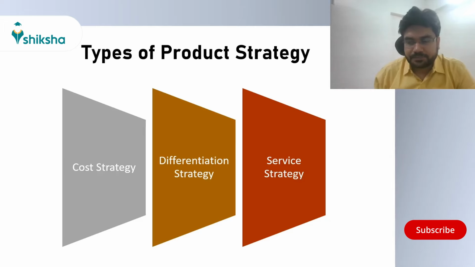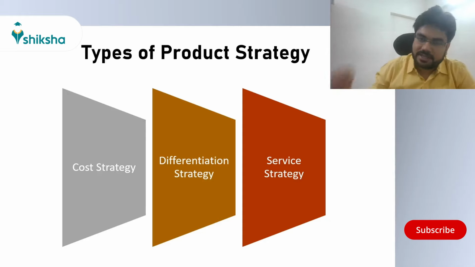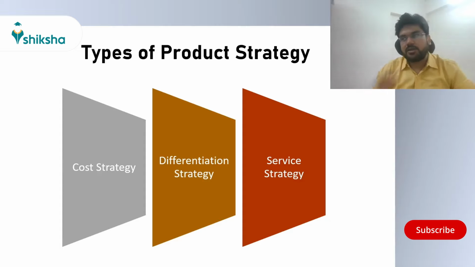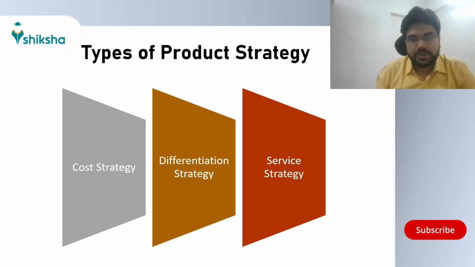It is said that Amazon focuses on customer experience so much that often in its board meetings, a chair is kept vacant for the board members to imagine what a customer would be saying about the views being discussed, sitting in that chair. So it's all about keeping the customer at the center. These are the three types of product strategies which bridge the gap between the product vision and the product features that are to be introduced.